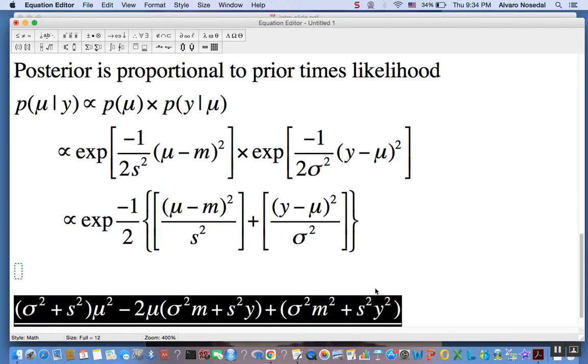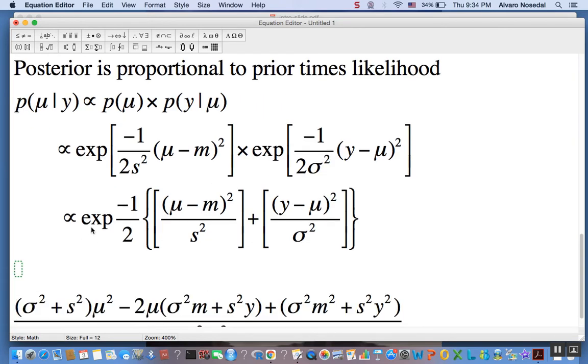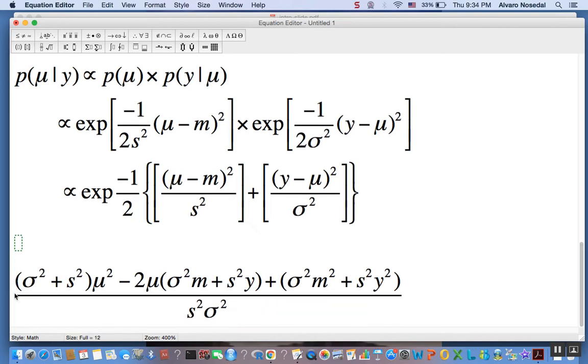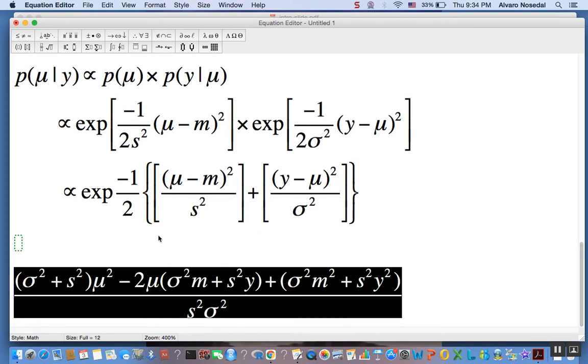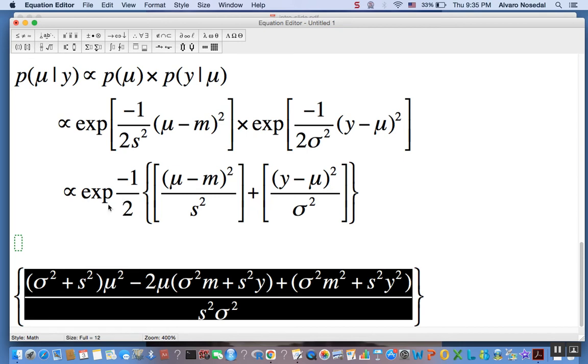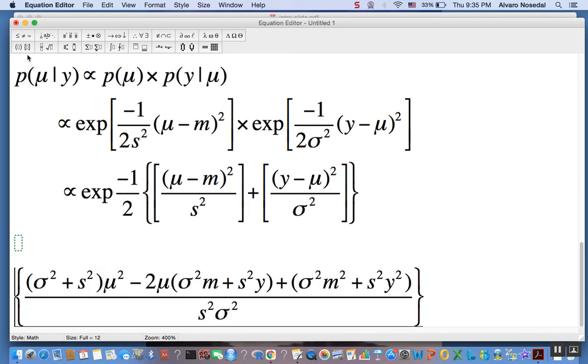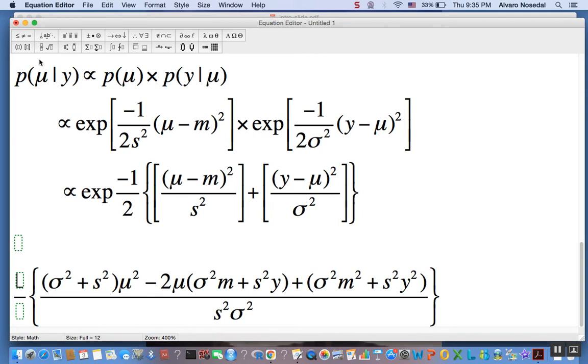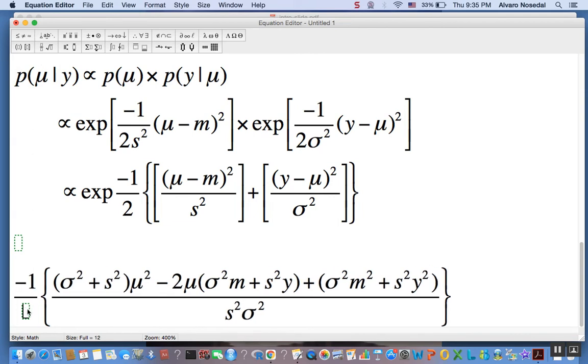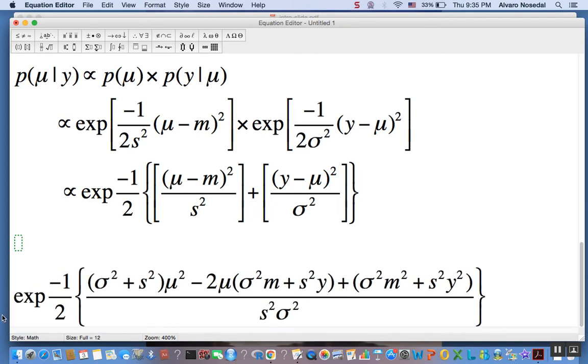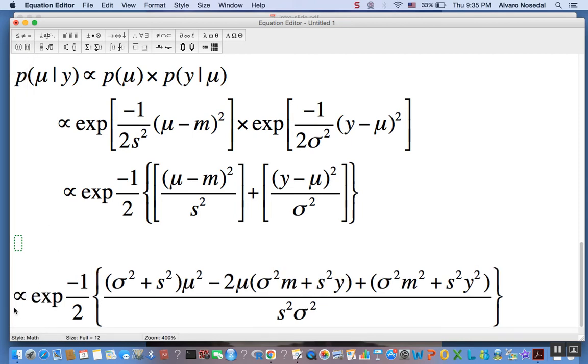Okay, so let me copy that here, and we're going to have this inside those curly brackets. Then outside we have that negative 1/2, and then we have that exp, right? And the proportionality symbol. Okay, are we good?